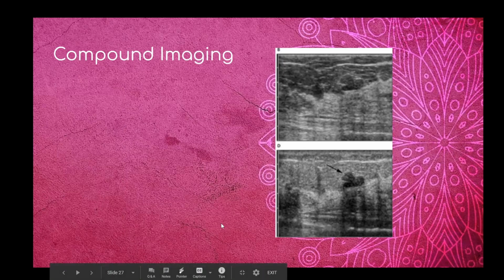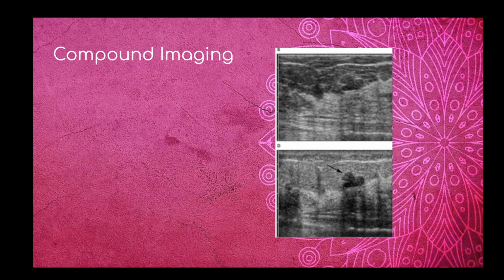Compound imaging is another tool that is on your machine. Philips machines call it spatial compound technology, SCT, and GE calls it X-res beam.